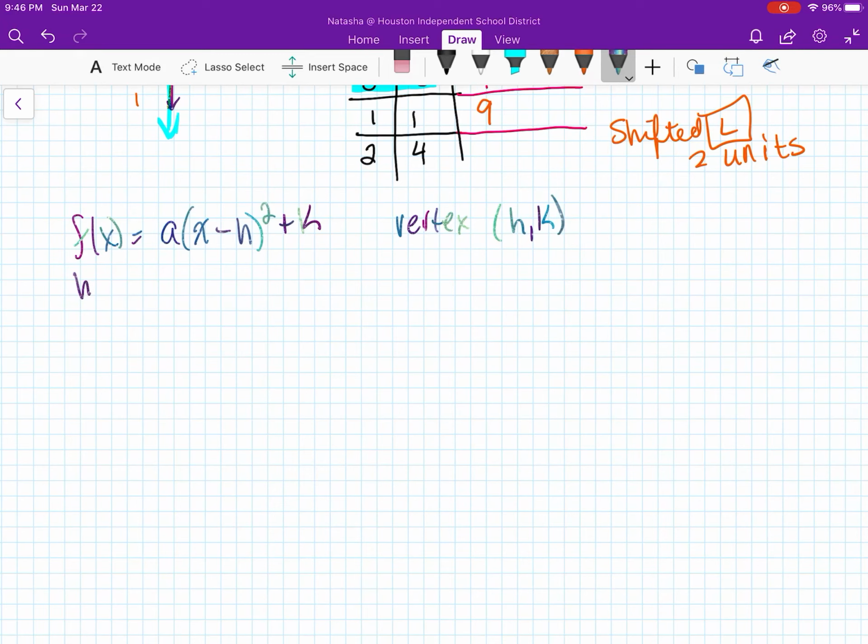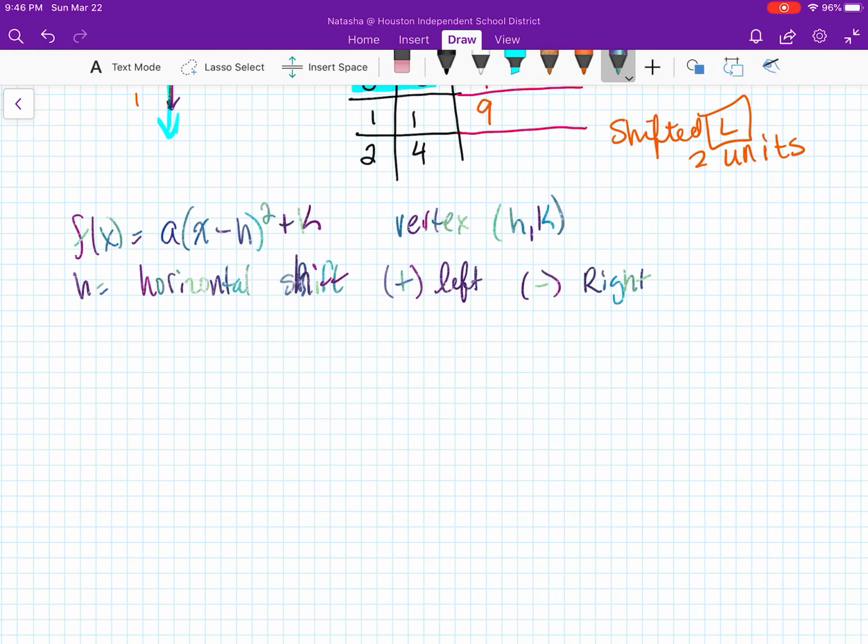Well, h in this vertex form handles the horizontal shift. If it's plus, it's going to shift to the left. If it's negative, it's going to shift to the right. These are all just rules you really need to memorize.